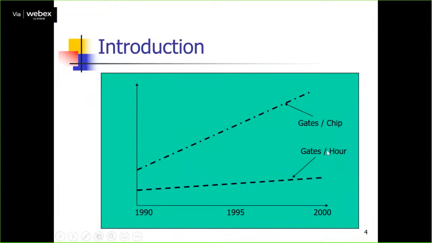If I take the functional appearance of these gates inside the chip per hour, it is more stagnant, more linearly stagnant. As you introduce more and more gates, the exponentiality makes the gates per hour present linearly.